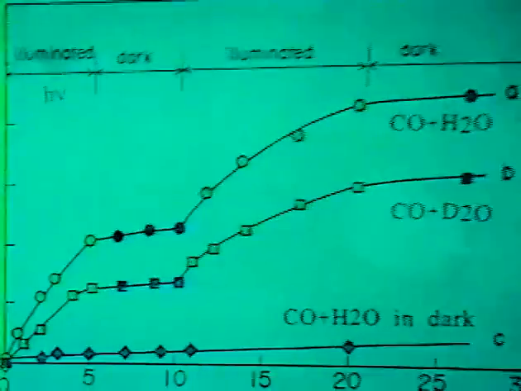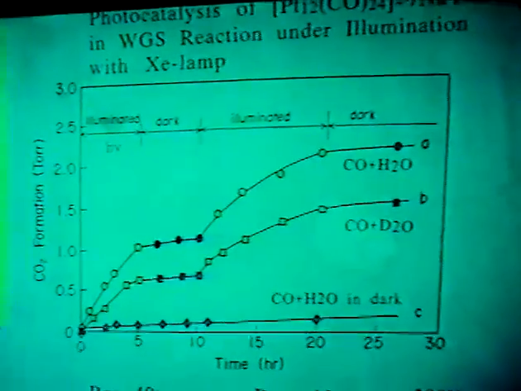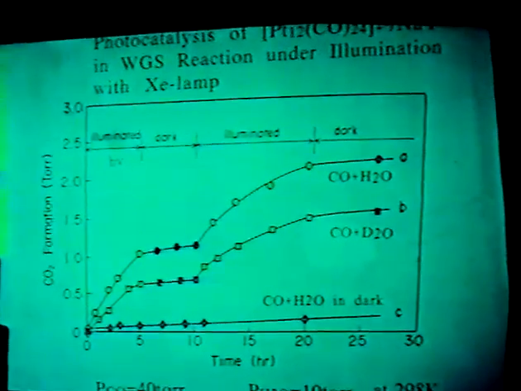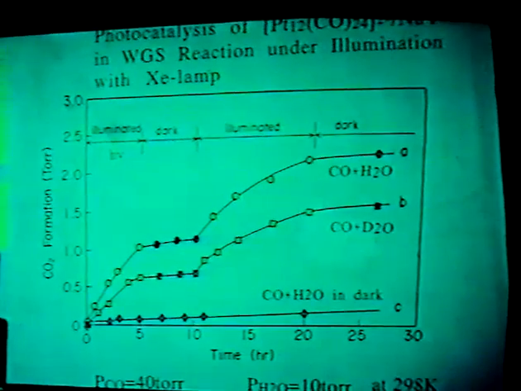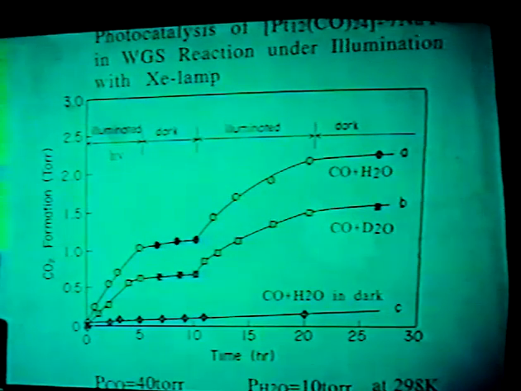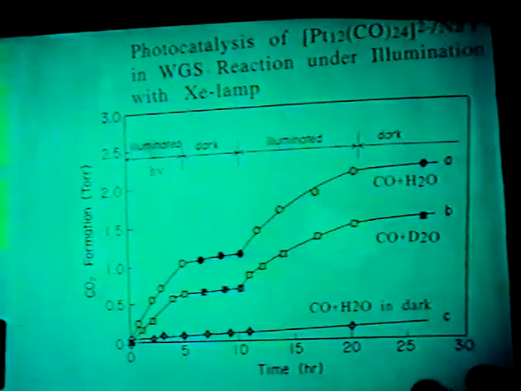And we also have a significant isotopic rate difference if you use deuterium oxide instead of light water. It suggests that OH bond scission, the breakup of the water, could be the rate determining step for this water gas reaction.